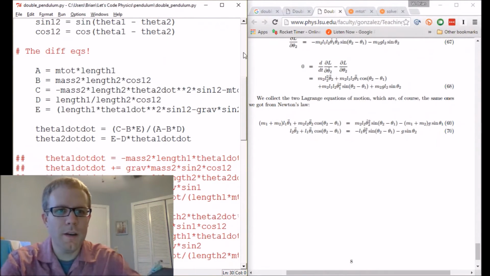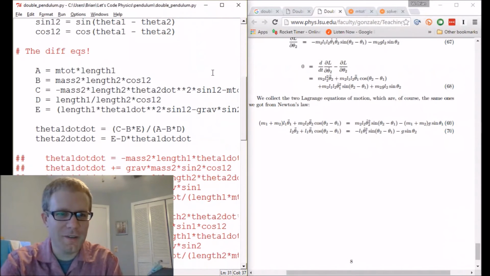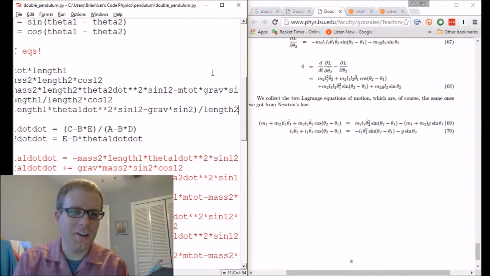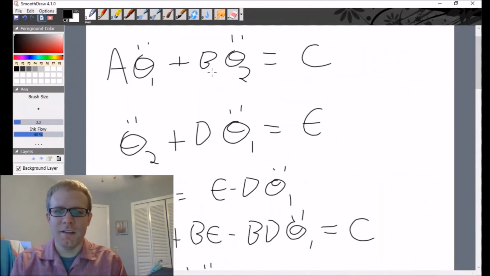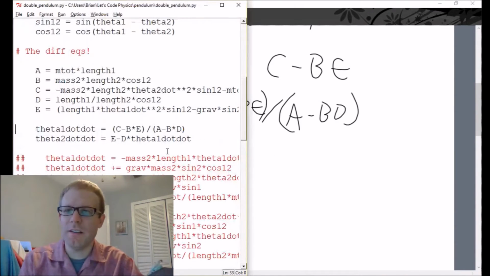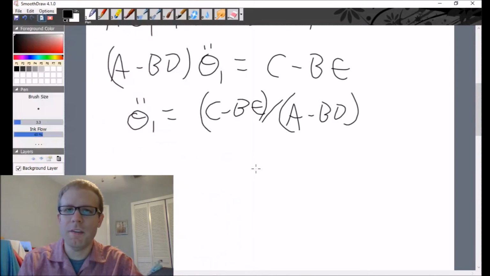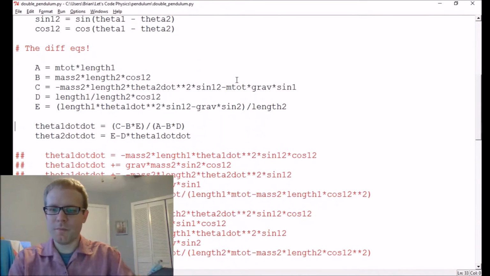Then E is length 1, theta 1 dot squared, sine 1, 2, change the sign, minus grav sine 2, all divided by length 2. Okay, so theta 1 double dot is C minus BE divided by A minus BD, and then theta 2 double dot is E minus D theta 1 double dot. Okay.